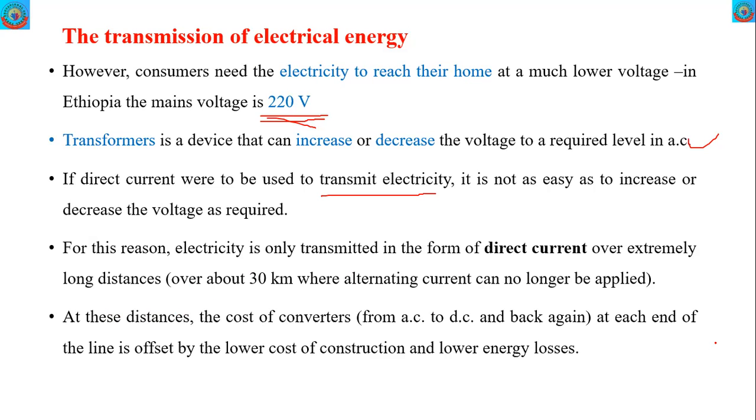So when we convert between alternating and direct, converters are needed. They are also costly, ውድ ናቸው። At a long distance, the cost of converters at each end of the line is offset by the lower cost of construction and low energy loss.